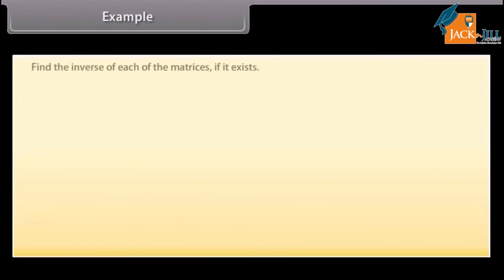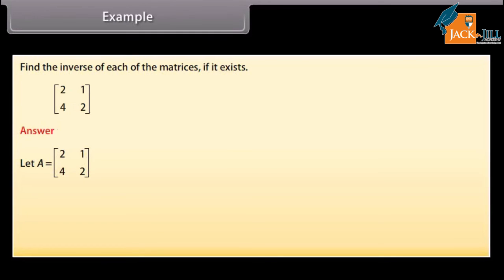Example. Find the inverse of the given matrix, with first row 2, 1, second row 4, 2. Let the given matrix be A. We know that A can also be written as AI.